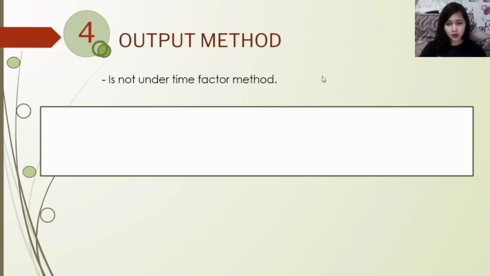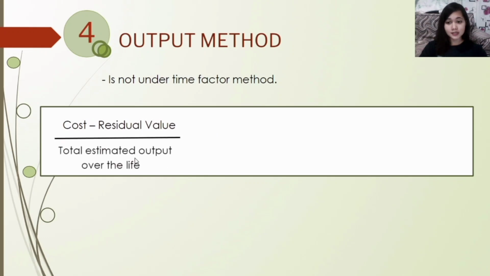To compute depreciation using the output method, first get the depreciable amount, which is cost less residual value, over the total estimated output over the life. The estimated output of the PPE gives the depreciation rate. That is only the rate.